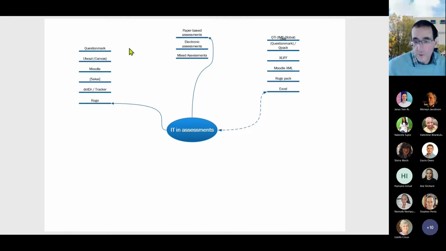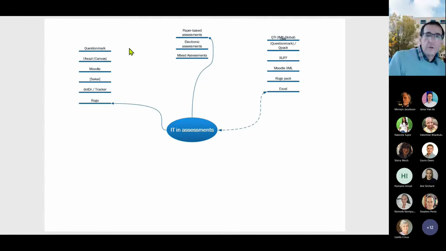Sakai is still there because part of the discussion is what do you do with the questions that you've put into various other systems? Saw a very nice lecture on .doctor itself, and we're starting to look at an assessment system called Rogo for question banking. So these are systems that are used to deliver the questions electronically.